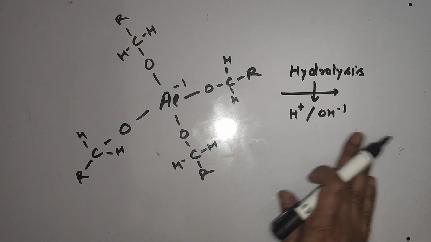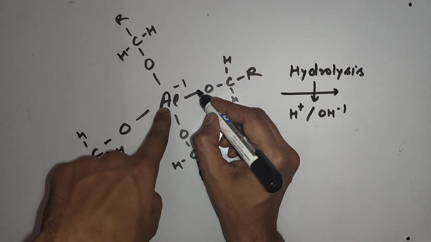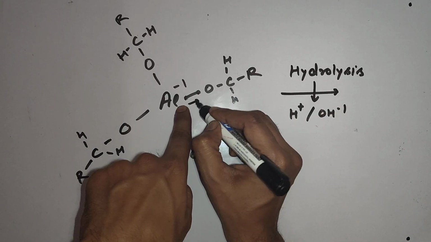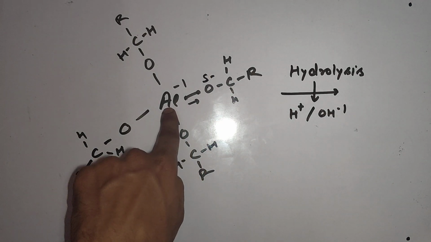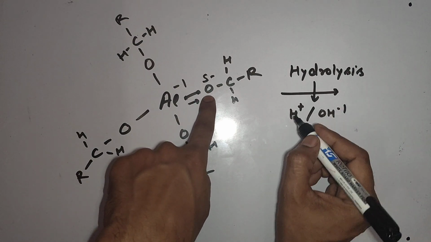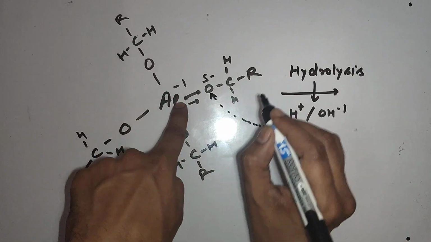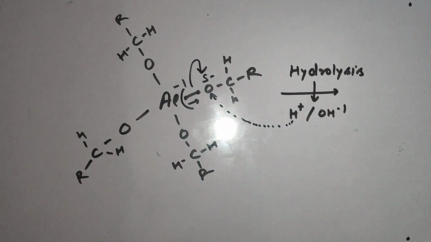Now suppose we are doing hydrolysis between aluminium and oxygen, which is more electronegative? Oxygen. So obviously these electrons are more toward oxygen, so oxygen is a negative particle over here, and aluminium will be a positive particle as compared to oxygen. So H positives will attack oxygen, the bond will break, both electrons will go toward the oxygen side.